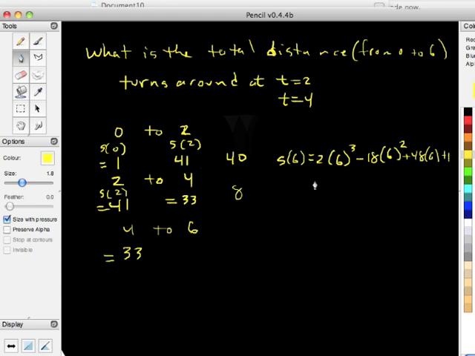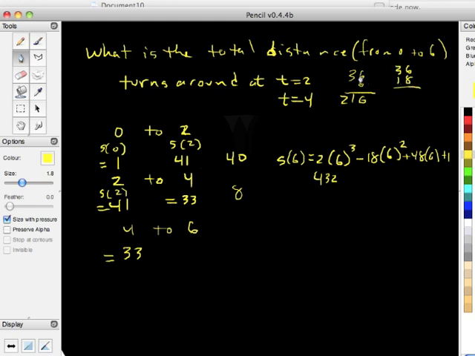Okay, so what are all these? What's 6 cubed? That's 36 times 6. Let's do that over here. 36 times 6 is 216. Times 2 is 432. What about 6 squared times 18? That's 36 times 18.